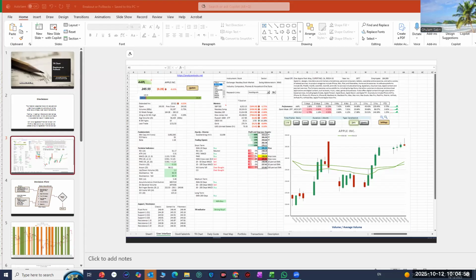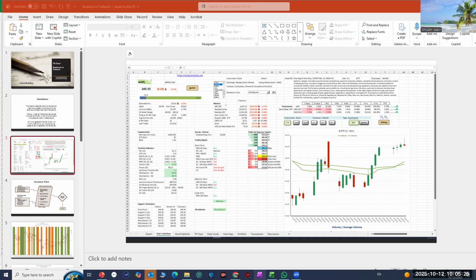The data coming into Excel is not live, it is 15 minutes delayed, but for that you need to pay a subscription to Microsoft. We are considering moving it to another platform outside Excel, so it could be used by a wider and much bigger audience. But for the time being, it has been programmed in Excel itself.